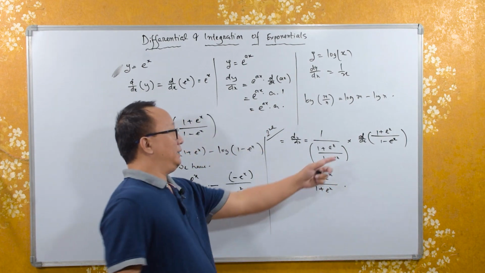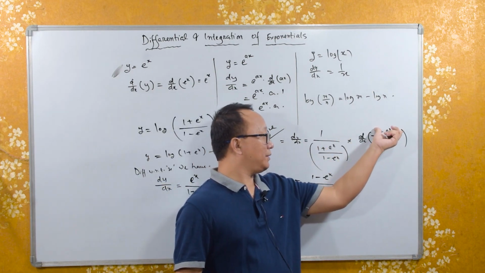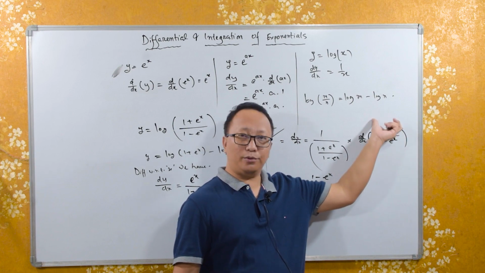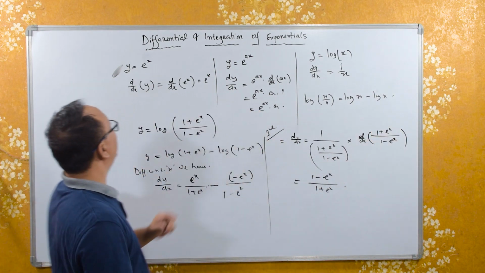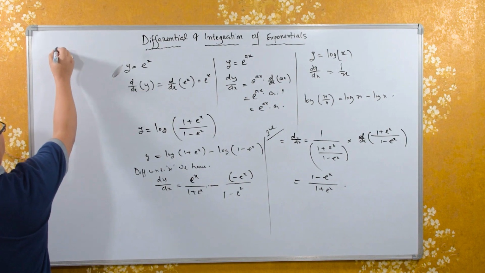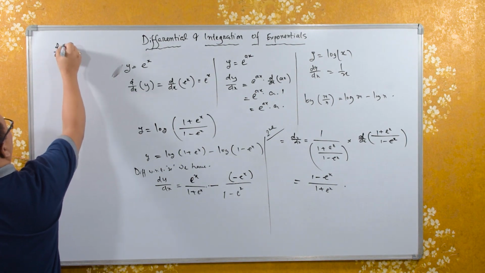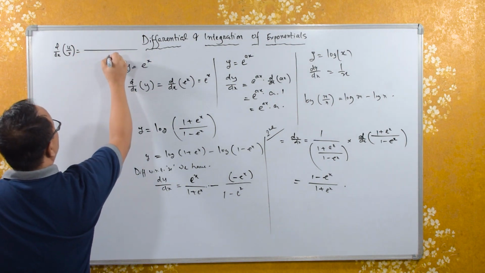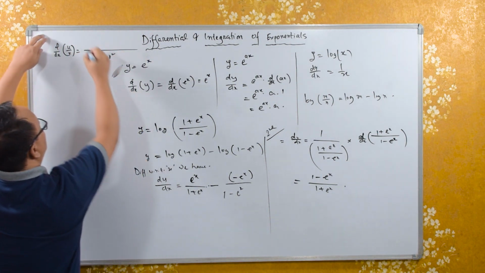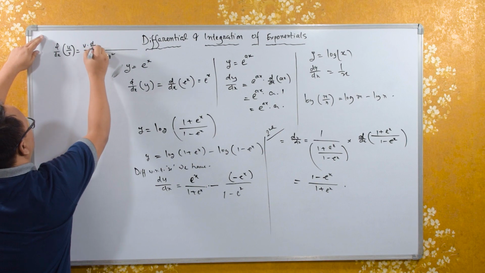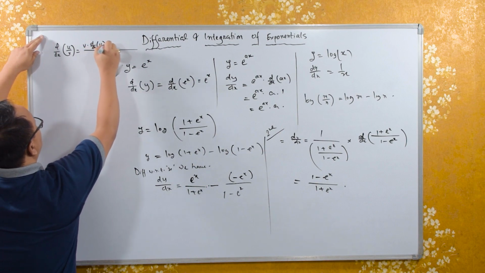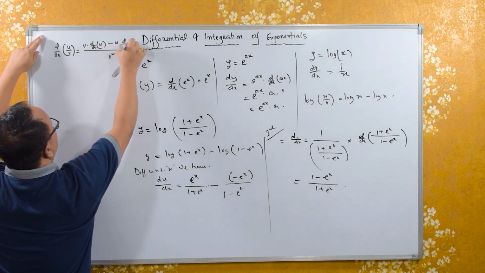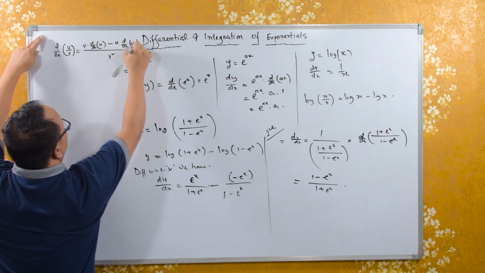Here d by dx of something like u upon v, we can apply the quotient rule. We have the quotient rule, that is d by dx of u upon v is, v squared in the denominator, with v d by dx of u minus u d by dx of v in the numerator.